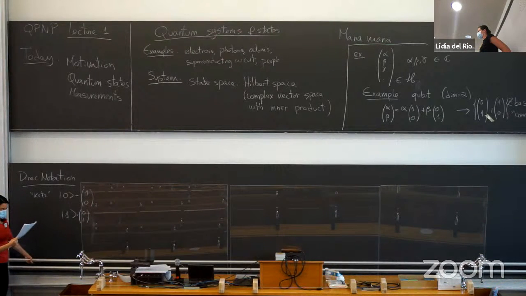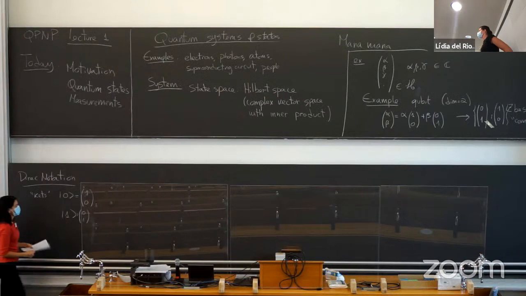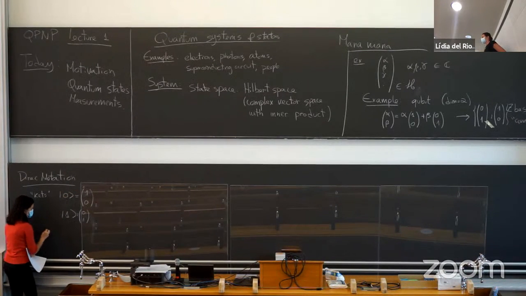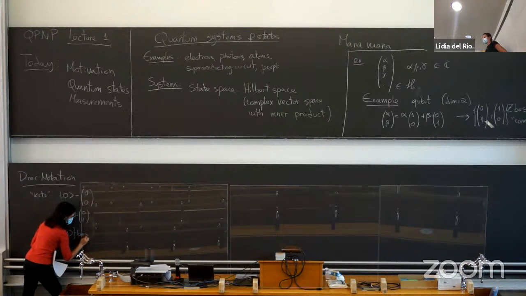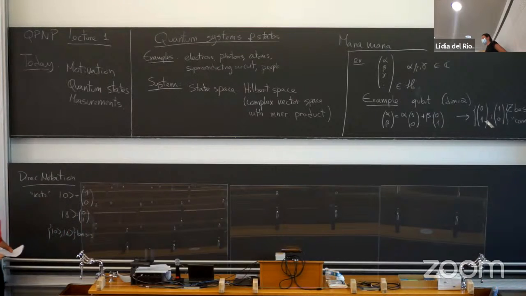Okay. So we call that basis that we saw there the 0, 1 basis. If it had a larger dimension, it would go 0, 1, 2, 3, 4, and so on.